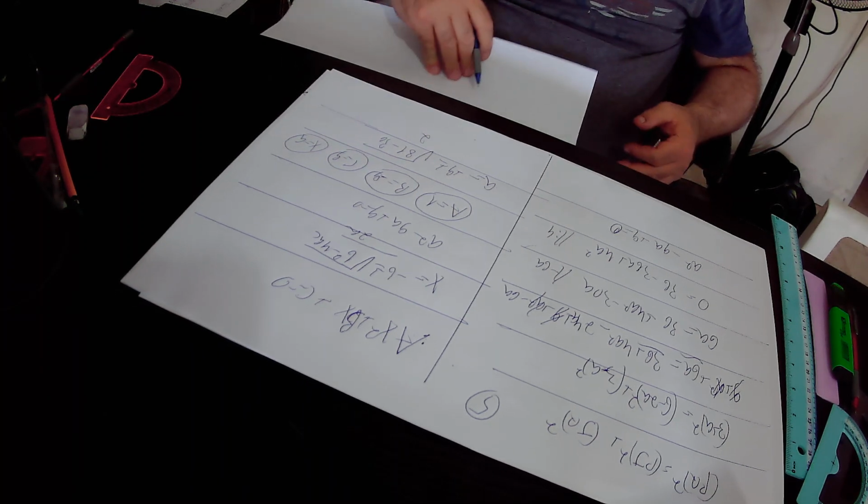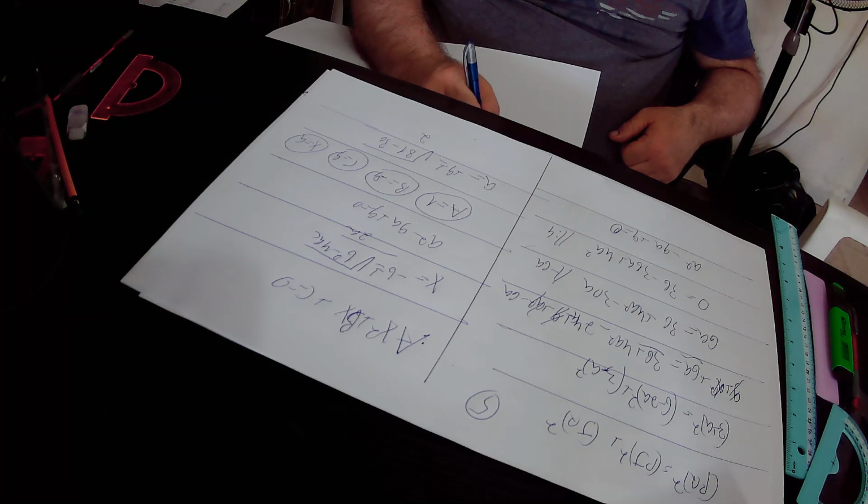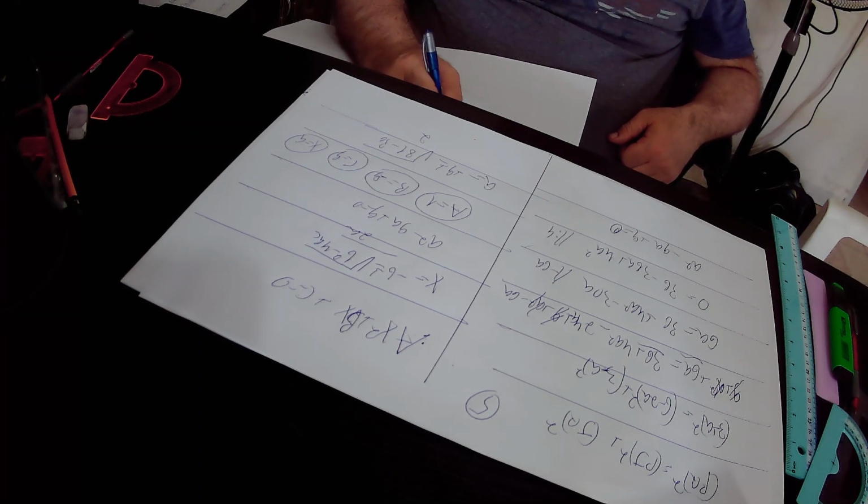So in conclusion we found out that a equals 9 plus or minus the square root of 81 minus 36, which is 45, over 2.